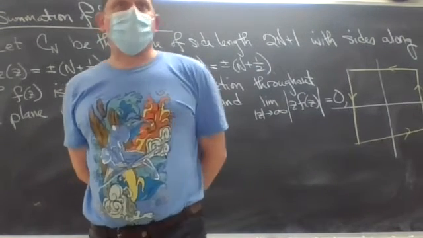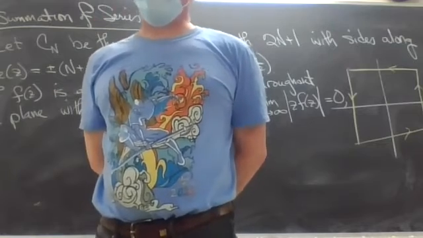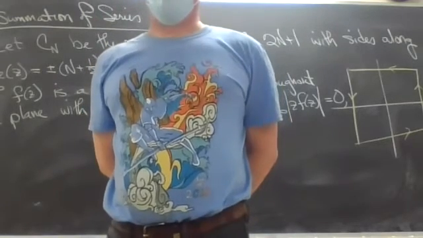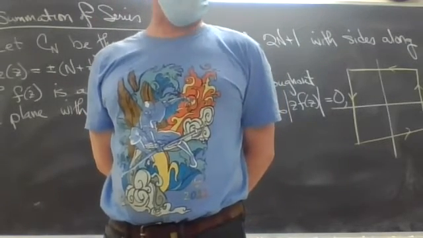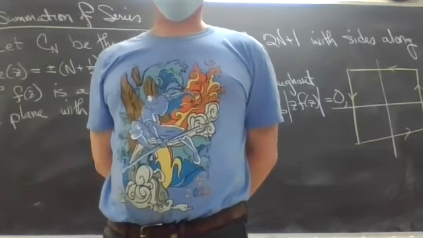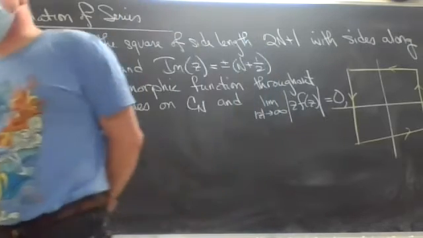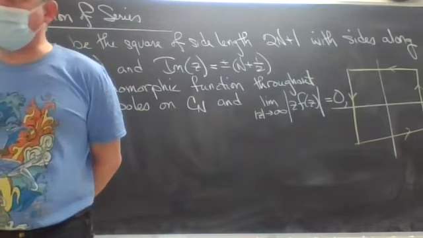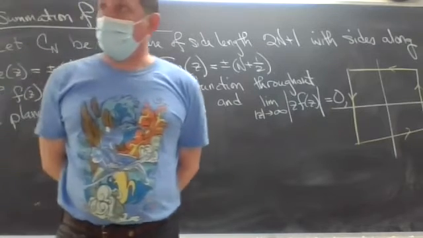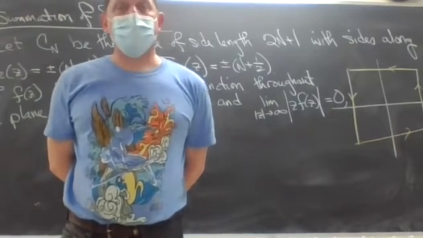So it's like meromorphic is like a rational number, whereas an entire function would be like an integer. A rational number is a ratio of two integers. A meromorphic function is a ratio of two entire functions.